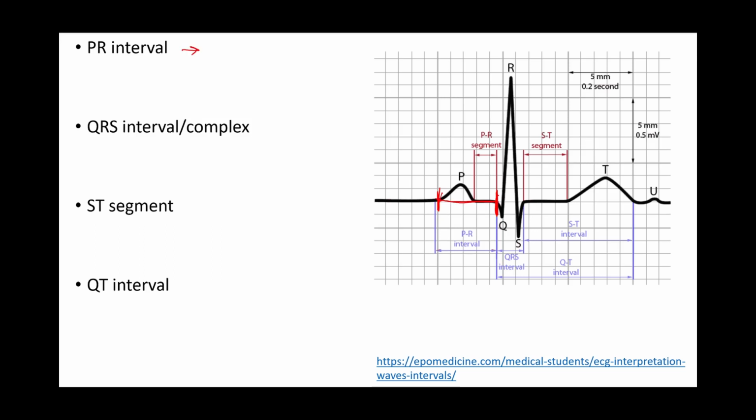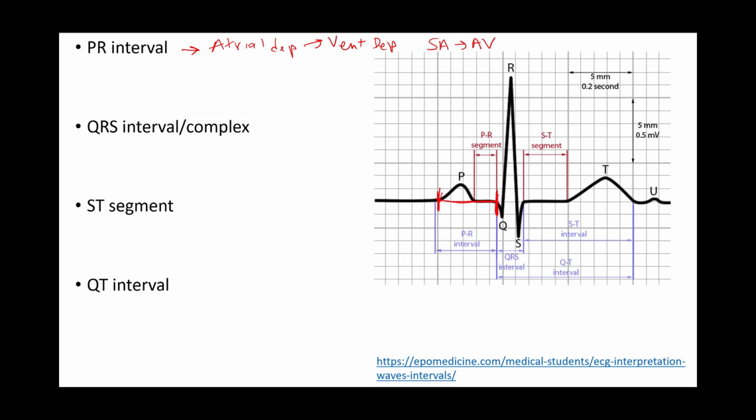The PR interval represents the time between atrial depolarization to the beginning of ventricular depolarization. In other words, it's the time of transmission from the SA node to the AV node.